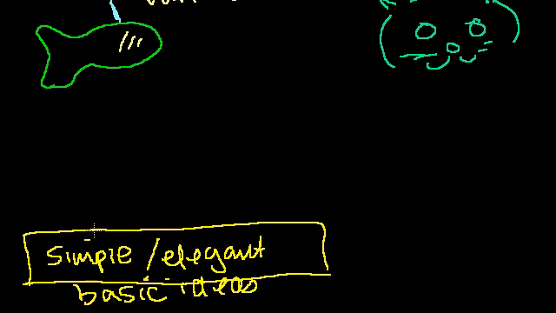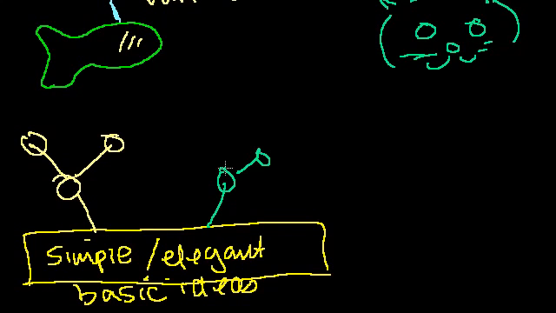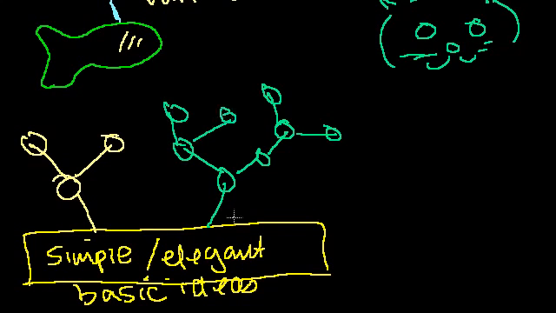From those simple and elegant basic ideas, complexity emerges. So this is what evolution really speaks to. Our universe is this profound environment where, from these very basic, simple, beautiful ideas, we have this complexity and structure that is truly awe-inspiring.